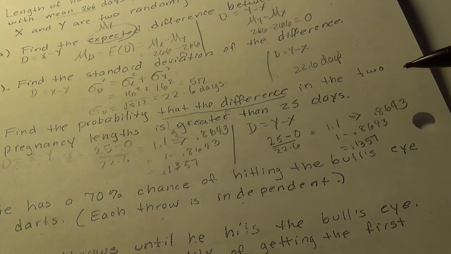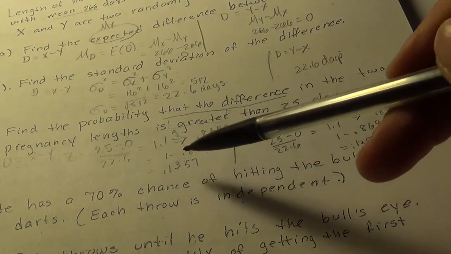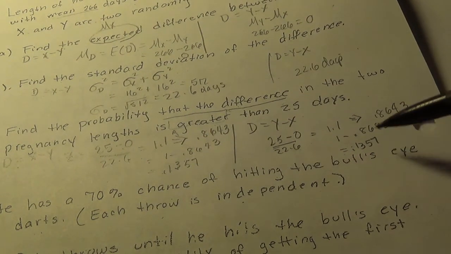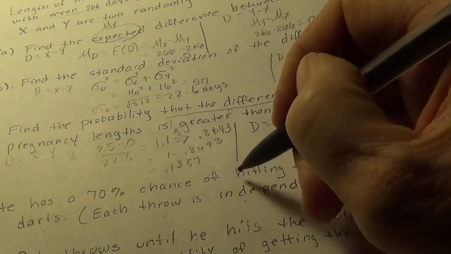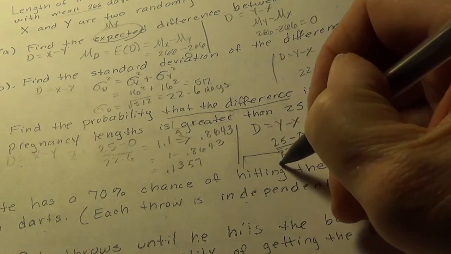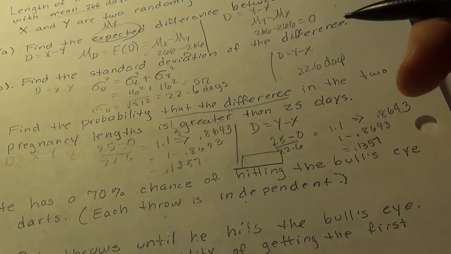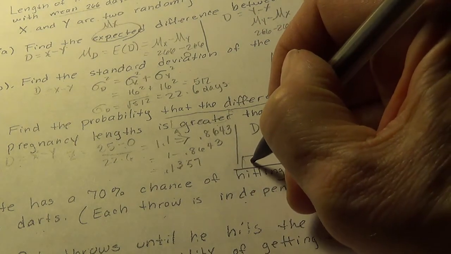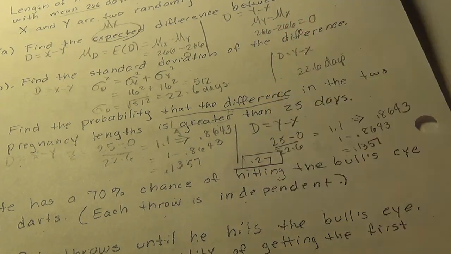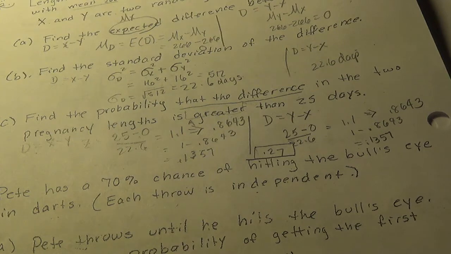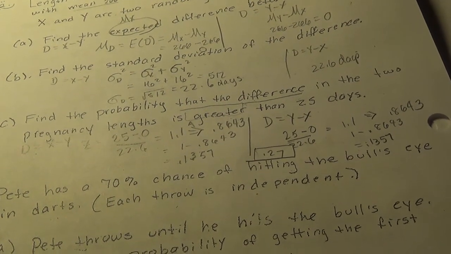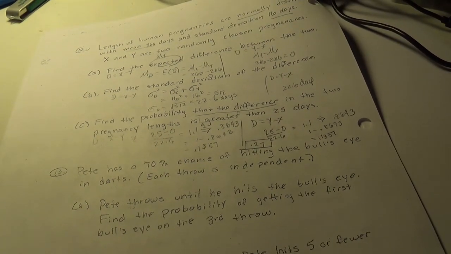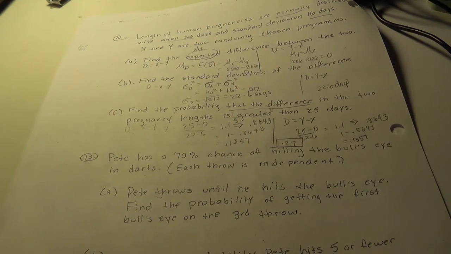So that's a little tricky. When I add 0.1357 and 0.1357, the final answer was about 0.27, and that is the correct answer. So, all right, be able to recreate that in a similar scenario.